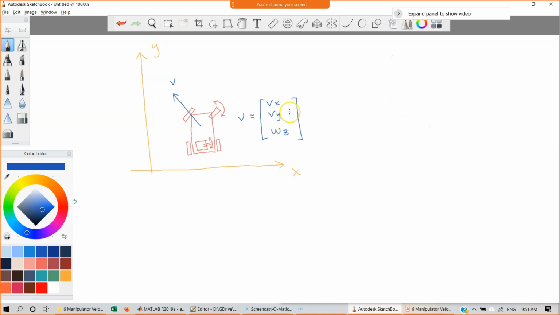Let's say if I want to draw this vector, this is Vx, this is Vy, and this is omega z. So for a certain value, this is a vector.